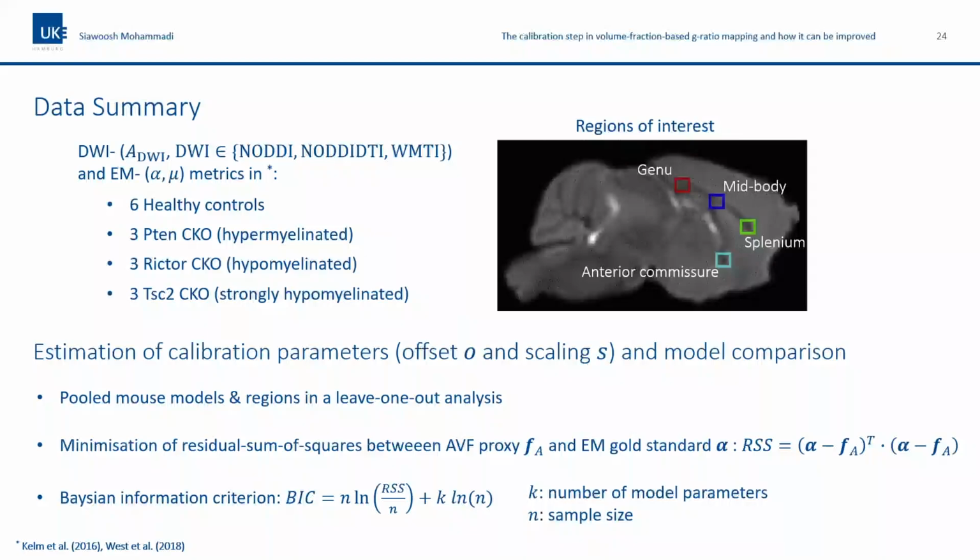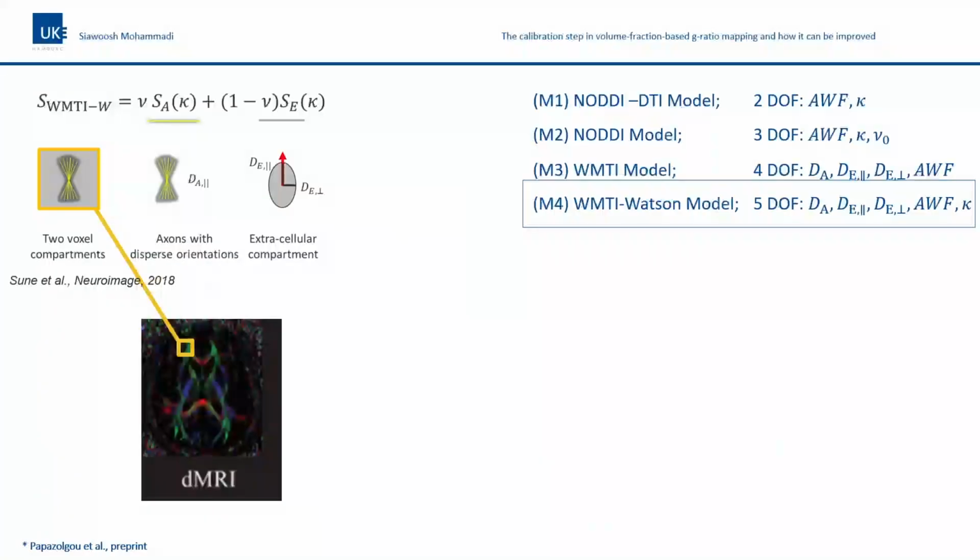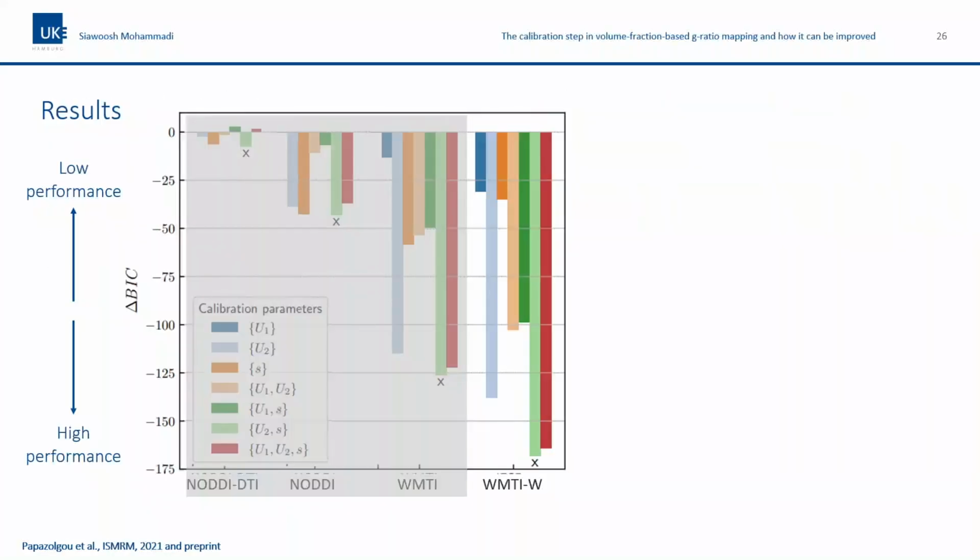The number of model parameters corresponds here to the calibration parameters. So 0 means no calibration, and then the linear model would have 2 calibration parameters. And the more negative the BIC, the better. In the preprint, we looked at 4 different models. For time concerns, I will only consider WMTI Watson, the one model with 5 different diffusion parameters. Here are the results.